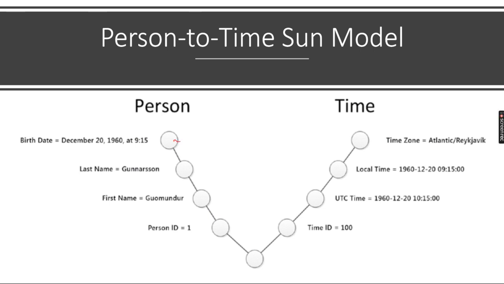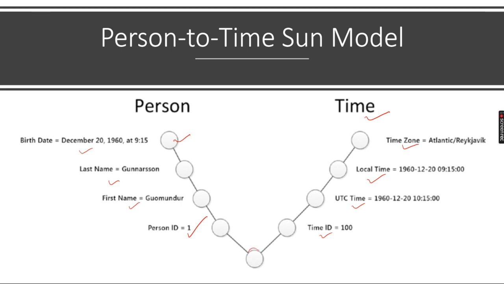Here we have the person entity and the time entity. Now person will have the person ID, then the first name, last name and the birth date. The time will have the time ID, the UTC time, local time and time zone.